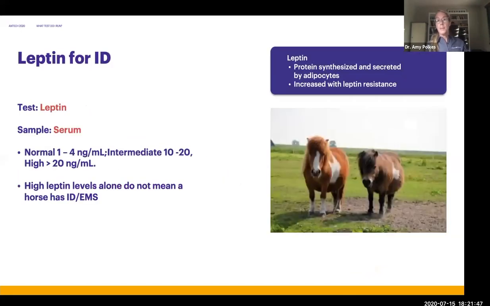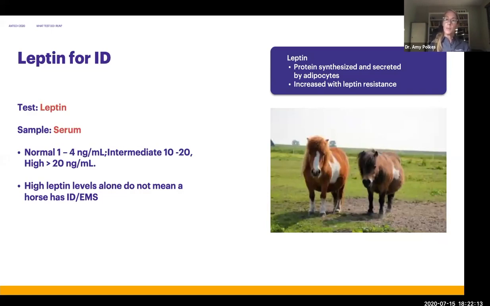Okay, what about leptin? We certainly get a lot of questions about leptin as well in some of our endocrine panels. So leptin is a protein that's synthesized and secreted by adipocytes and is increased with leptin resistance. The sample for this is serum. I don't know that we know 100% how to interpret this.